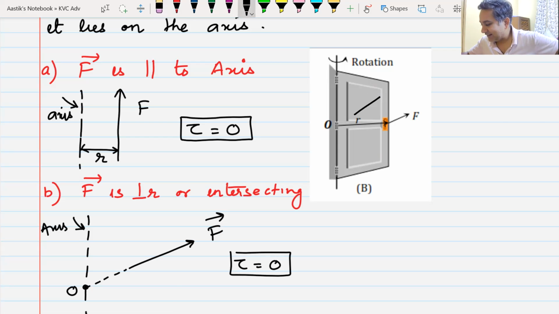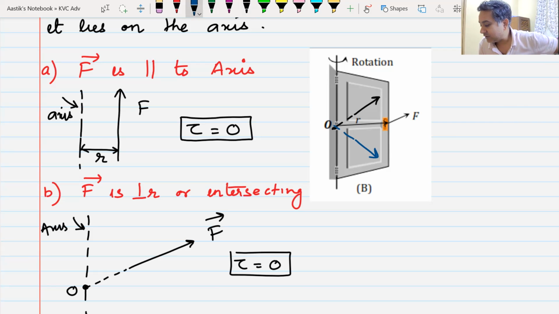If I apply a force on the door like this, hey, open. It does not open. Why does it not open? Because my line of action of force is intersecting my axis. You cannot open a door by pushing it up, pushing it down, pushing it here, pushing it here, because your line of force intersects the axis.